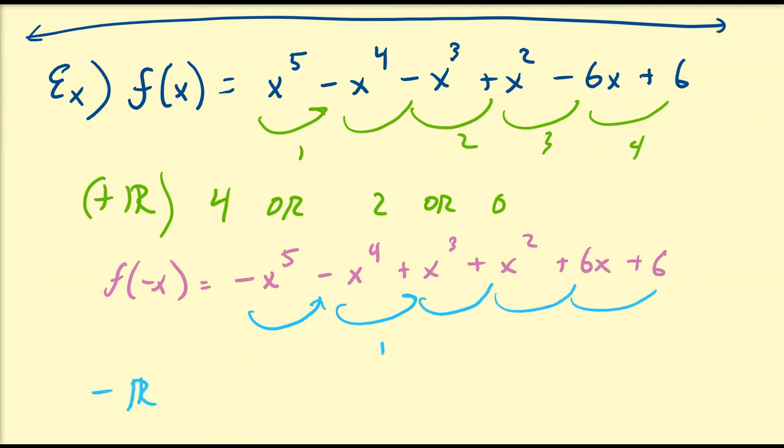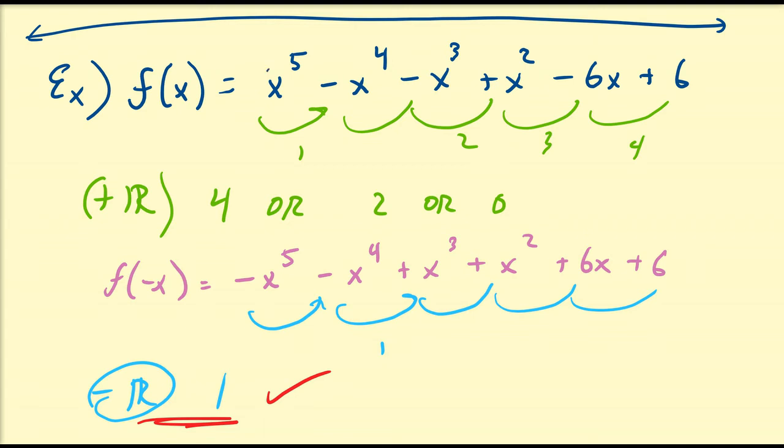So the negative real zeros, 1. So this is useful. That means there's exactly one real negative zero. So if you can find what that one negative real zero is, you do not need to try any other negative real numbers in that polynomial. So that's extremely useful.